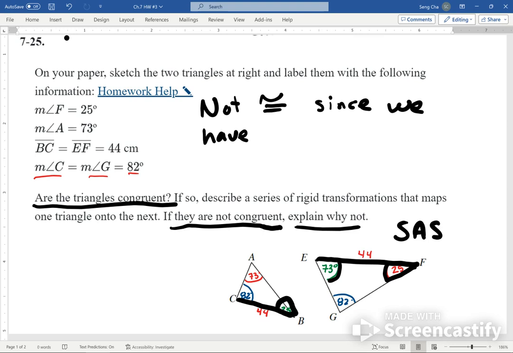And then if we want to use a 73, 25, and 44, on this side we have an angle side. So it's not congruent since we have angle side versus side angle side. Okay.